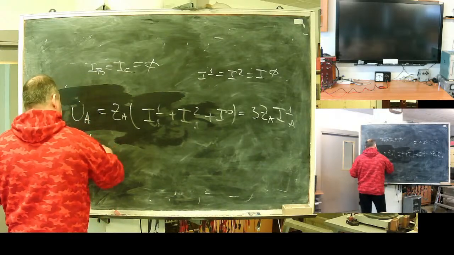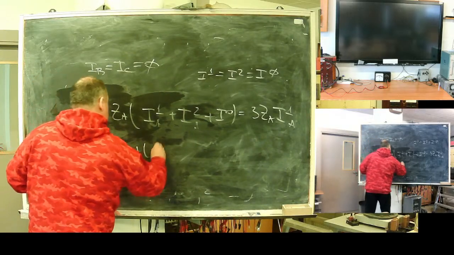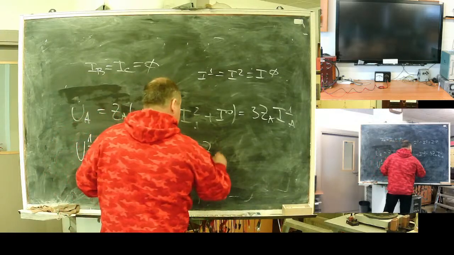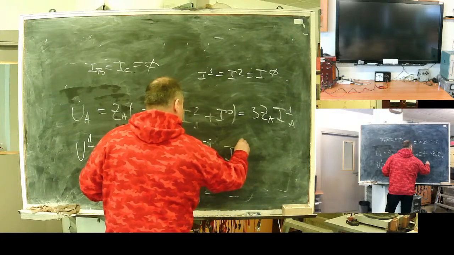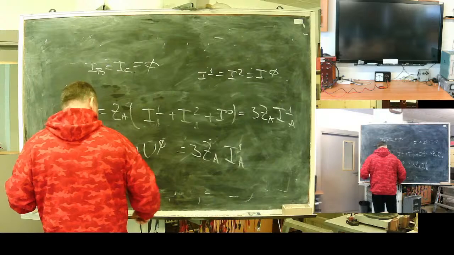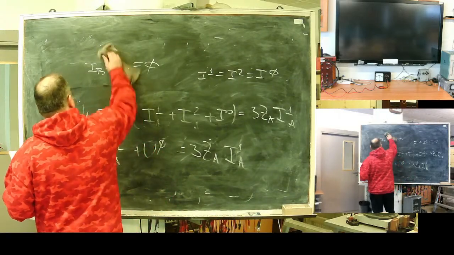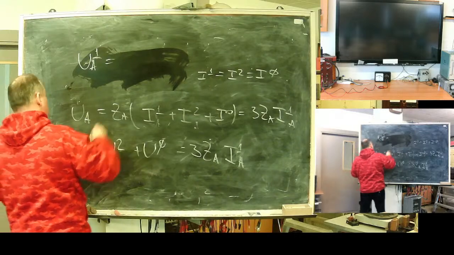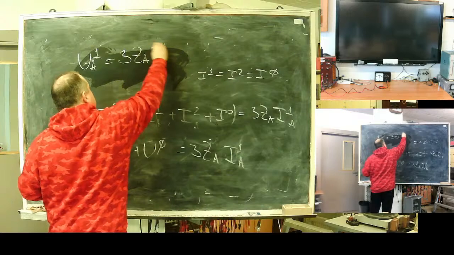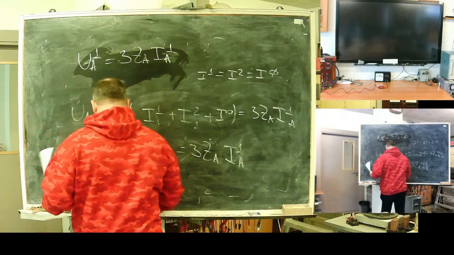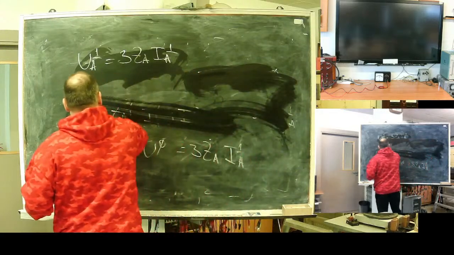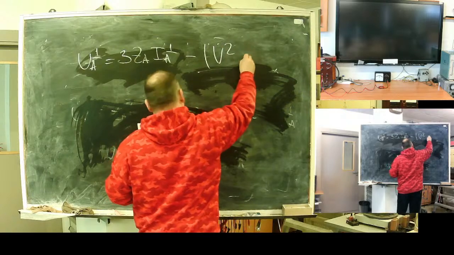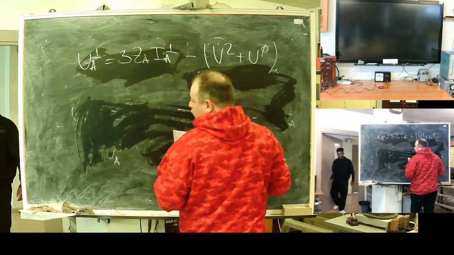So the direct sequence voltage plus the negative sequence voltage plus the zero sequence voltage equals triple the A phase resistance times the direct sequence current of the A phase. So the direct sequence voltage equals triple the A phase resistance times the direct sequence current of the A phase, minus the negative sequence voltage plus the zero sequence voltage.